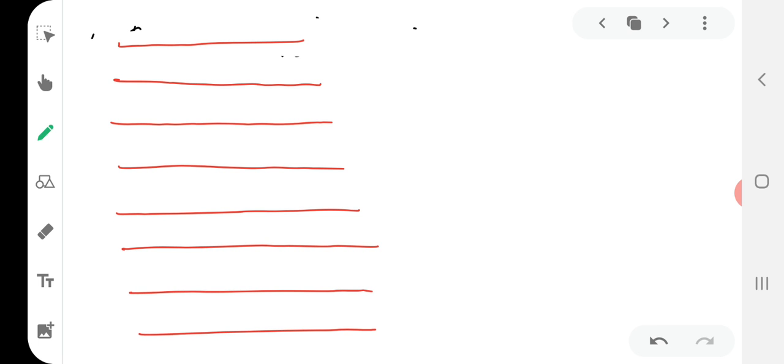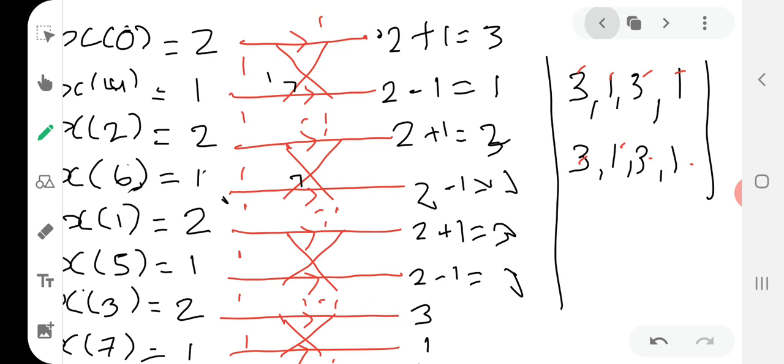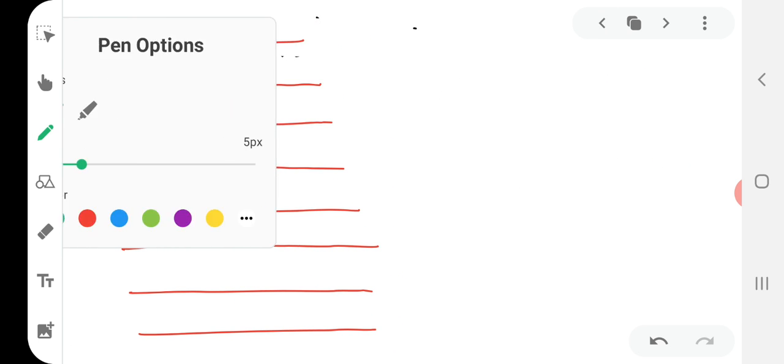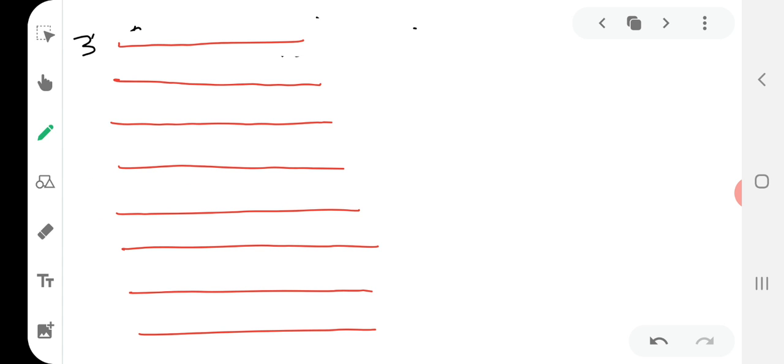Okay, this we have drawn, and then what is the value that we can write? Here the value will be 3, 1, 3, 1, 3, 1, 3, 1. Okay, this is the value at this side.